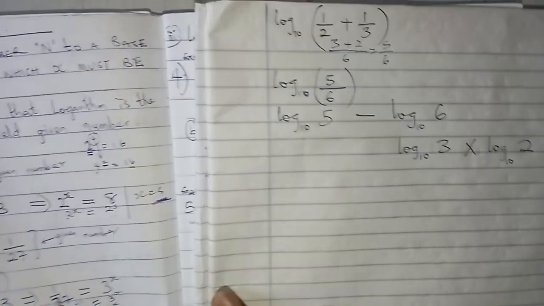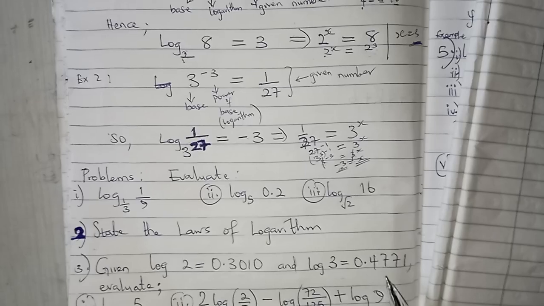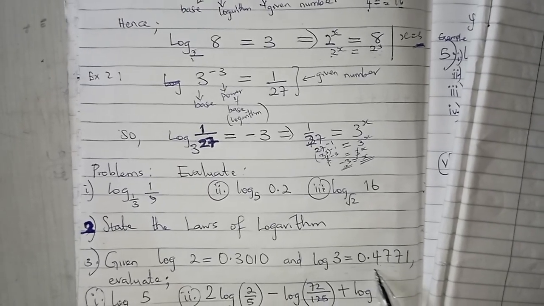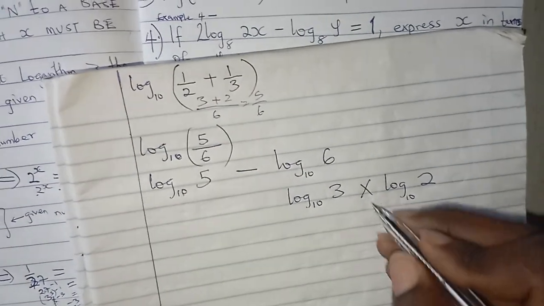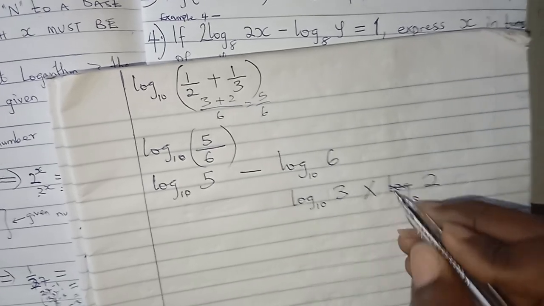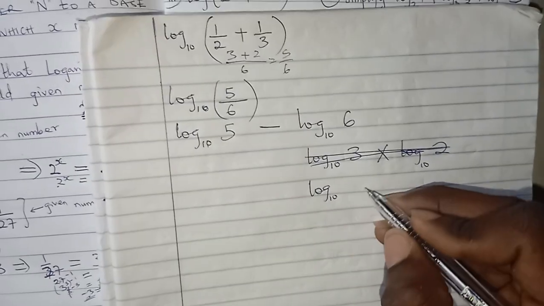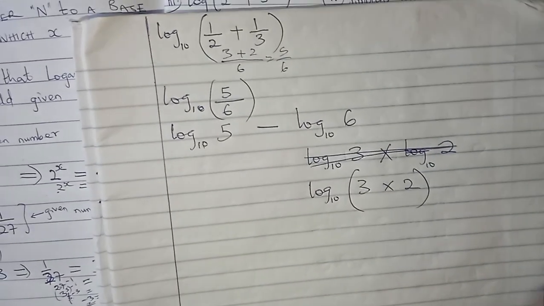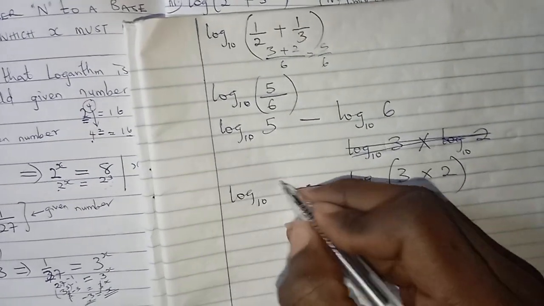Because we are given 3 and we're given 2, I think the best way to do this is not by doing times log, but rather log 3 times 2 to base 10 minus log 5 to base 10.